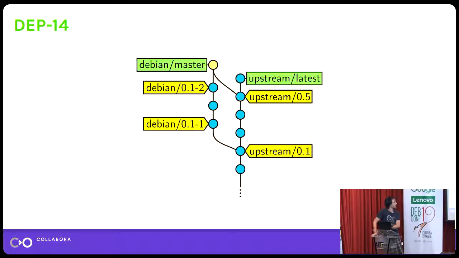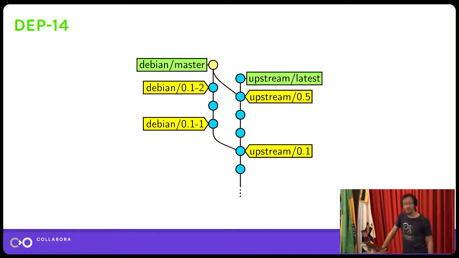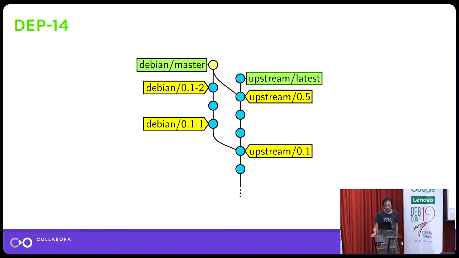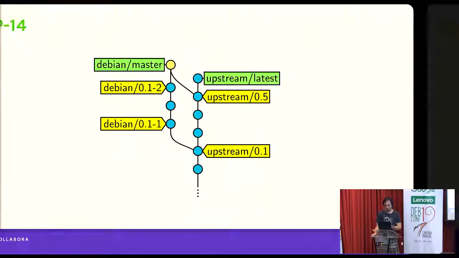There's a number of upstream branches where we have unpacked upstream source with tags corresponding to the upstream releases. And there's a Debian master branch, or multiple debian/something branches, like debian/master, debian/experimental, and so on, where we maintain upstream source plus the Debian directory with patches not applied to the source.